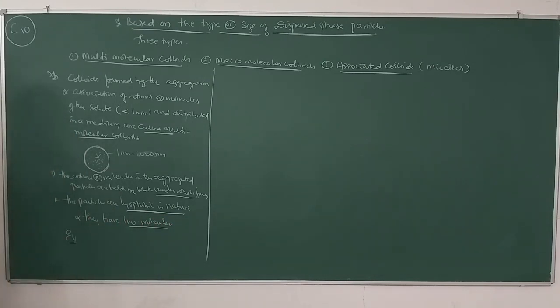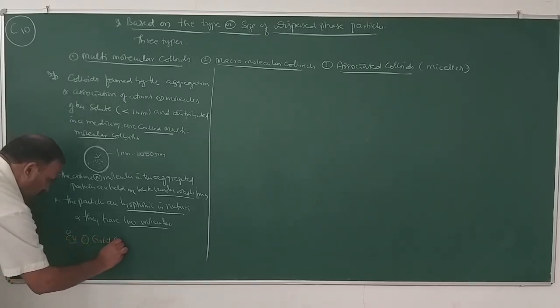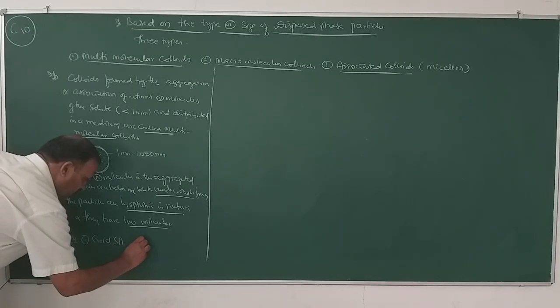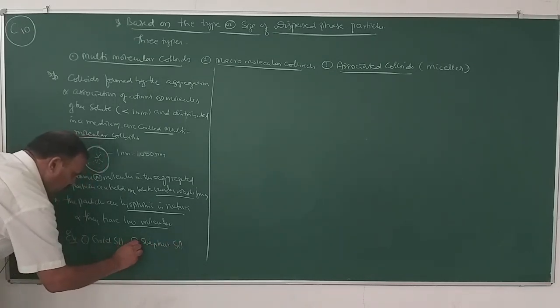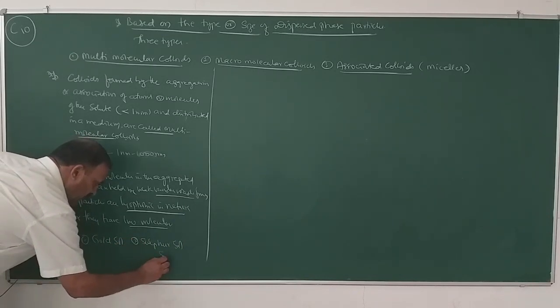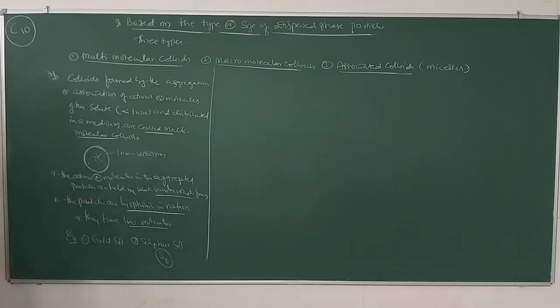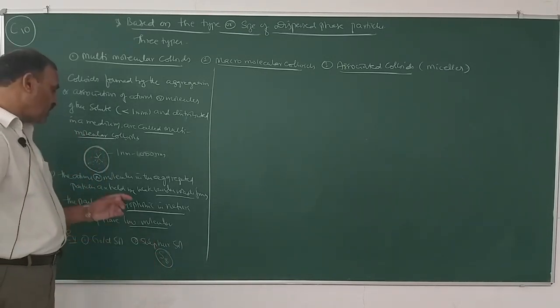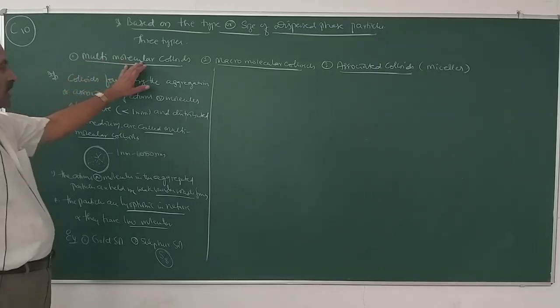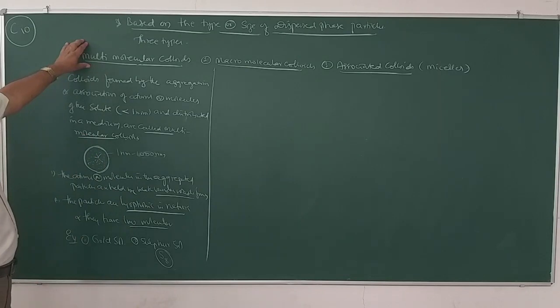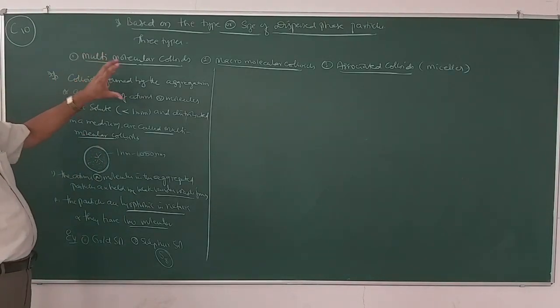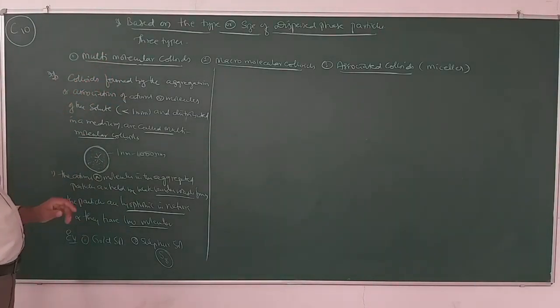Examples for multimolecular colloids: number 1, gold sol, and number 2, sulfur sol, in which each particle consists of 8 atoms of sulfur. So 8 atoms of sulfur form multimolecular colloids. This is the first type based on the size or type of the dispersed phase particles.